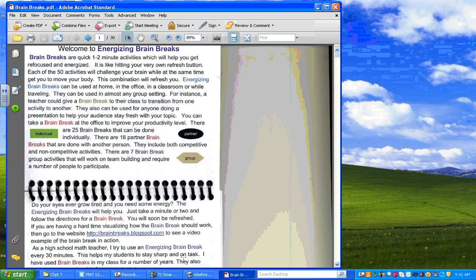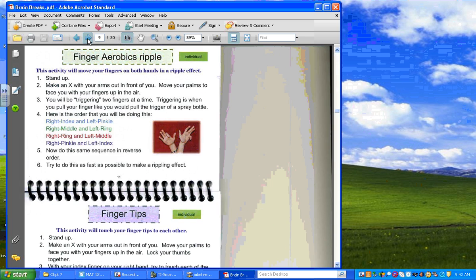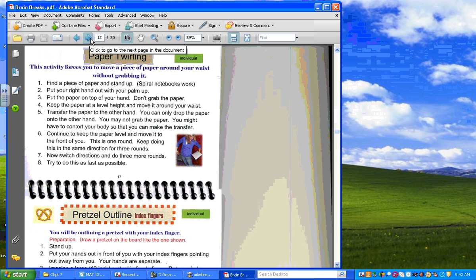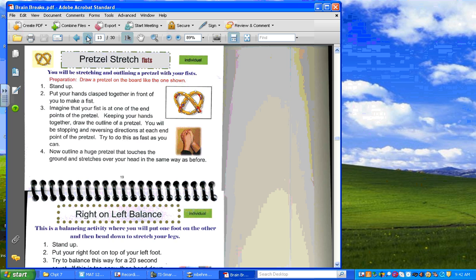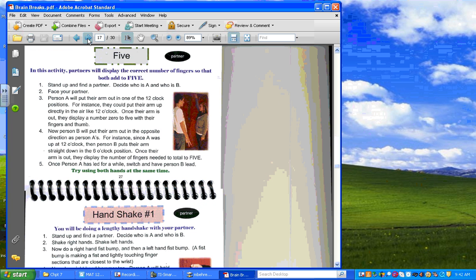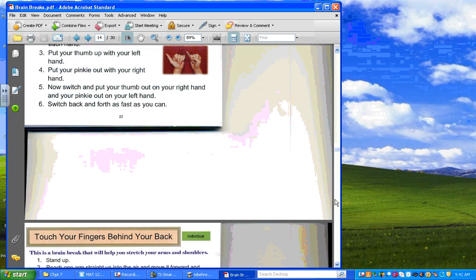We're just going to pick one and see if we did that one. We did thumb and pinky last time, didn't we? So we got to do the next one.